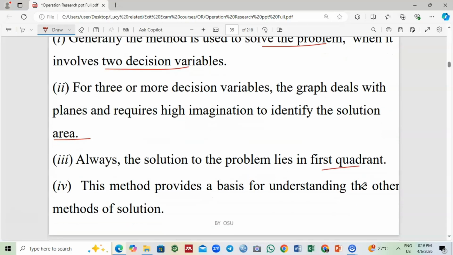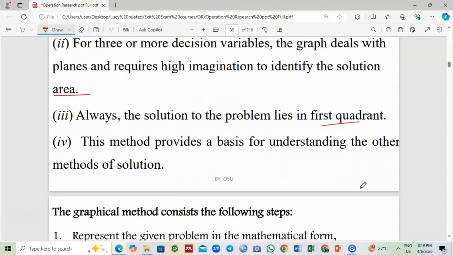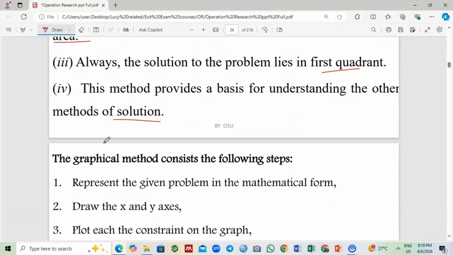So an optimal solution can be found in the first quadrant. And this method provides the basis for understanding other methods of solution. So it is interesting, as it is used to understand other methods. The graphical method is seen as a breakthrough for understanding the other methods.